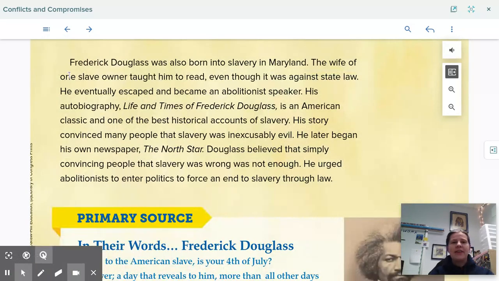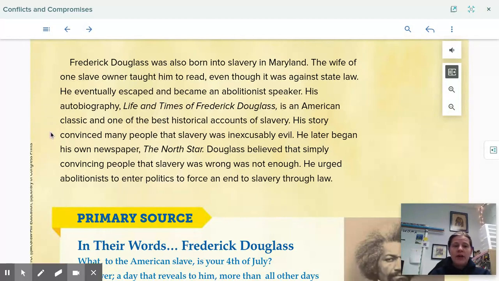Frederick Douglass was also born into slavery in Maryland. The wife of one slave owner taught him to read, even though it was against state law. He eventually escaped and became an abolitionist speaker. His autobiography, Life and Times of Frederick Douglass, is an American classic and one of the best historical accounts of slavery.